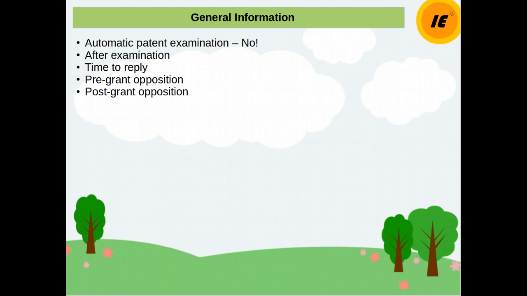Is there provision for extension beyond the time limit of 9 months? No. So basically you will get 6 months, and then it can be extended to 9 months for replying to the first examination report, and beyond that there is no time. So your application will be declined if you are not able to complete your reply within 9 months.